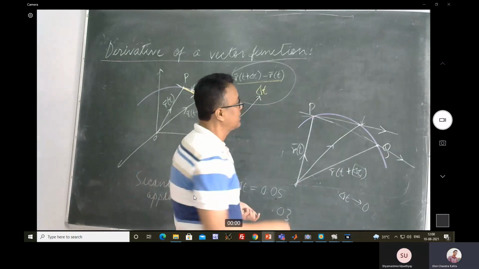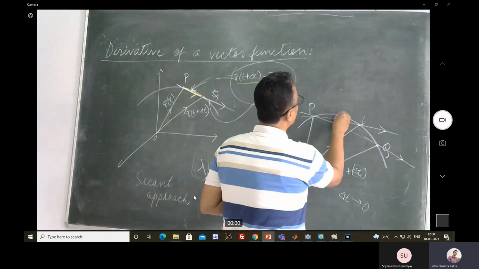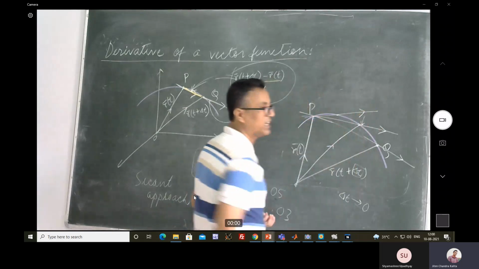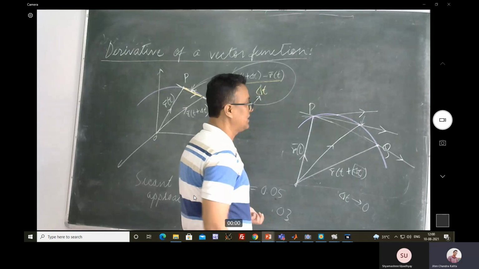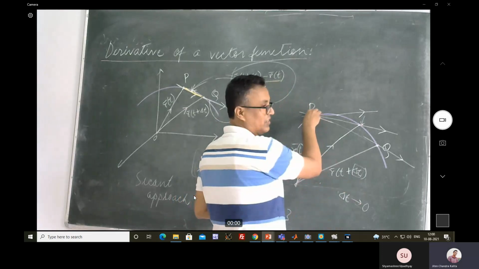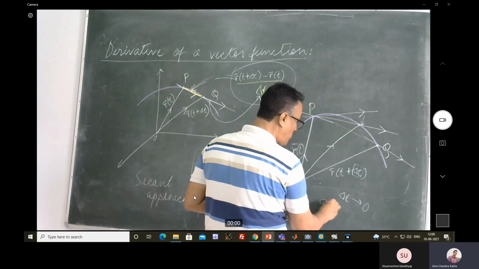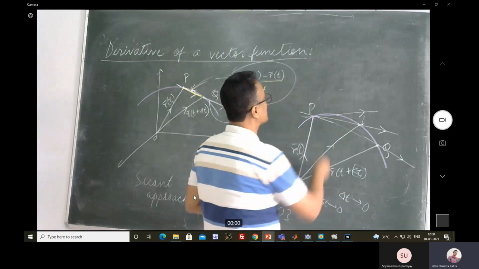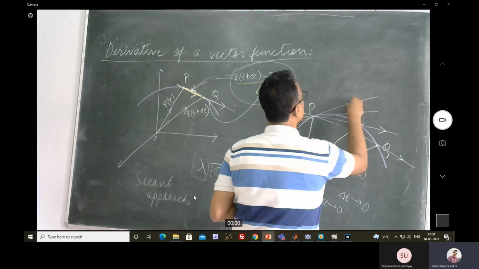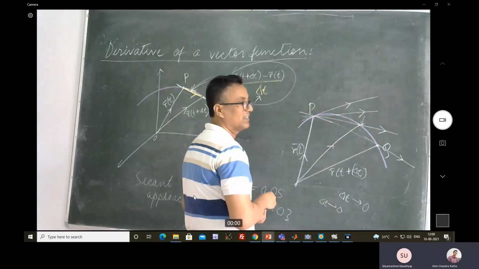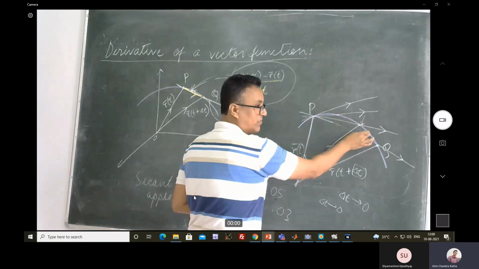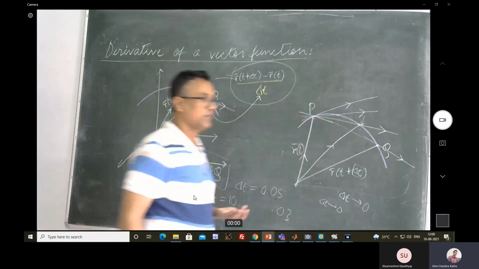Even before that, it would have been here, so your secant vector would have been something like this. Exactly when delta t is almost equal to 0, this secant is going to be exactly tangent, touching the curve at the point P.